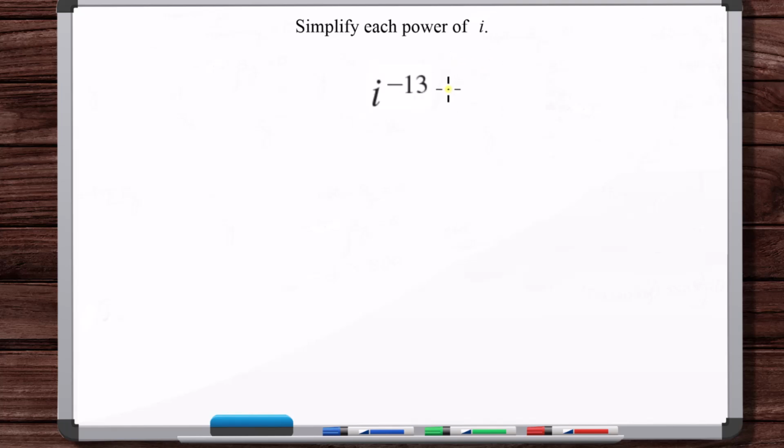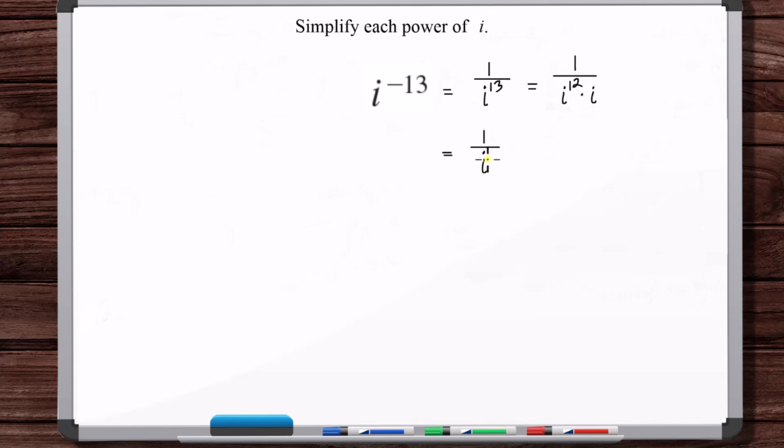Now, this one is not an issue because we just write it as 1 over i to the 13th. 4 times 3 is 12, so this is i to the 12th times i. i to the 12th is 1, so we have 1 over i.